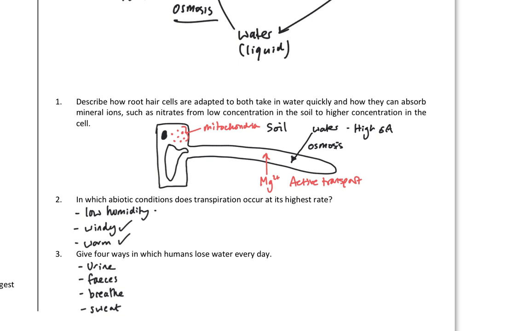Breathing isn't controllable. Sweating isn't controllable, as in I have to sweat. Admittedly, if I'm low on water, I can't sweat. But urine is the only one that's variable. And remember, we have ADH that can control water loss. Again, it'd be another lesson if I started going through ADH.